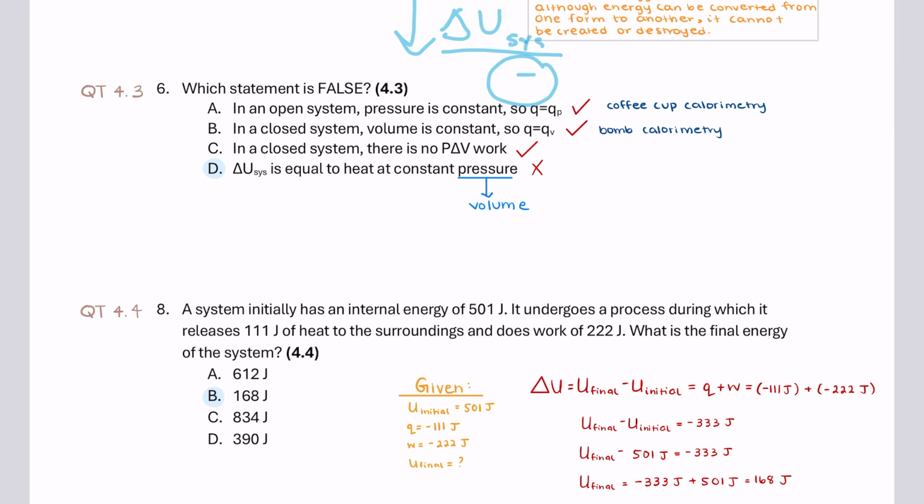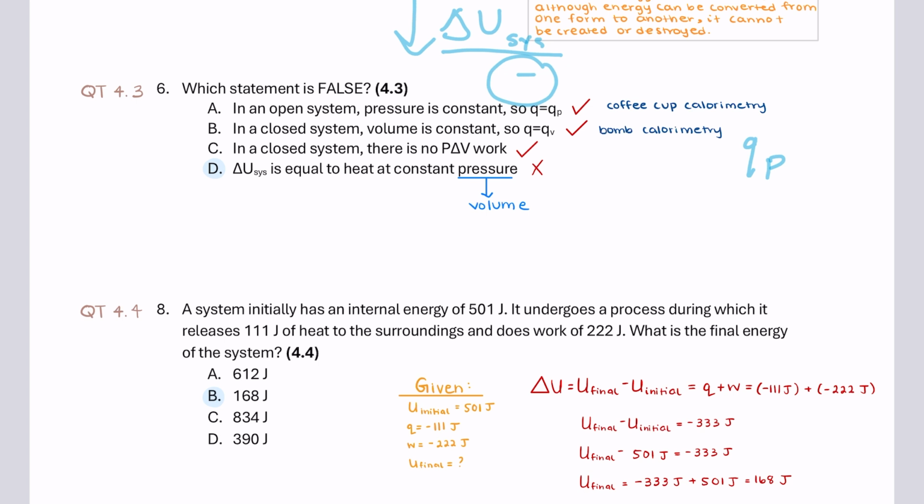In many lab settings, reactions are carried out in open containers, like a coffee cup, where pressure remains constant because the system is open to the atmosphere. Under constant pressure conditions, the heat exchanged with the surroundings is represented as Q sub P, and it reflects the enthalpy change. So this statement is true.